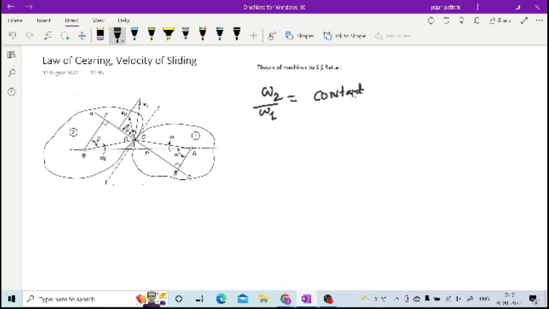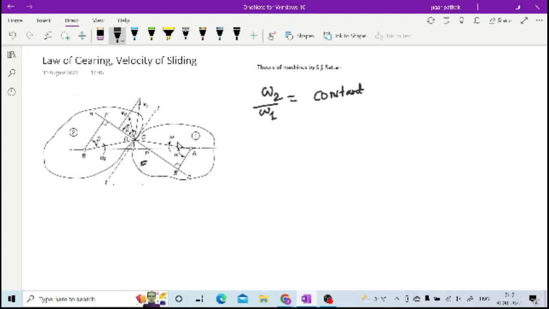That is why we use this particular gear drive, in order to have exact transmission of motion with an exact velocity ratio. So what the law of gearing states is that whenever this gear is in operation, the common normal must pass through the pitch point. Here P is the pitch point, this is gear 1, and this is gear 2.